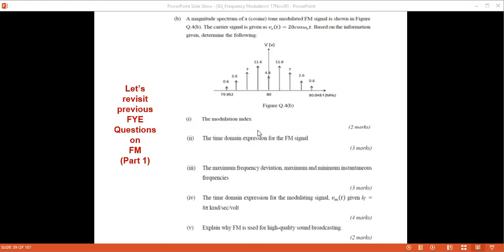First, what is our modulation index? Let's share the whiteboard first. So what is our modulation index? From our spectrum, you can see that, okay, let's change the color.